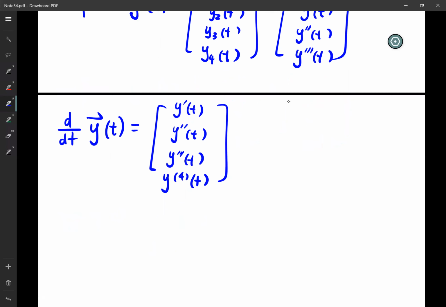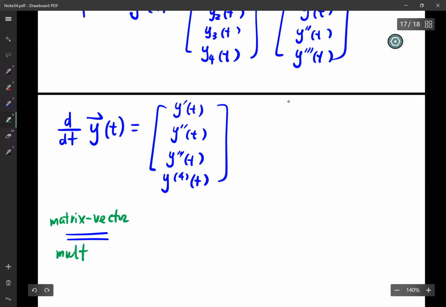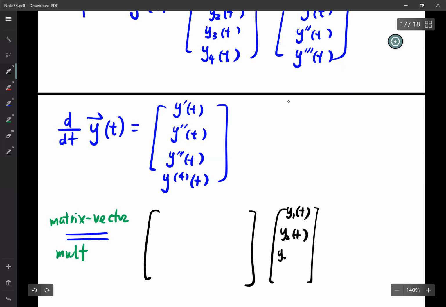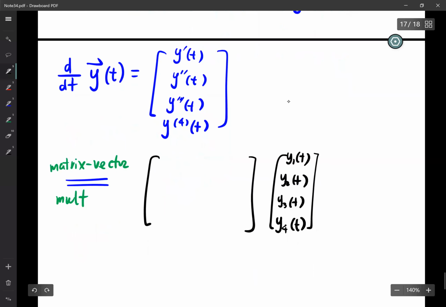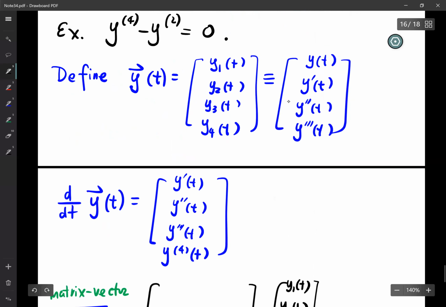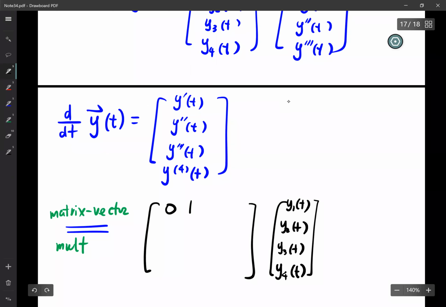So what am I doing here? Now I write it in the form of a matrix vector multiplication. Remember, this is y1(t), y2(t), y3(t), y4(t). So y1 prime equals y2, so this row is 0, 1, 0, 0.